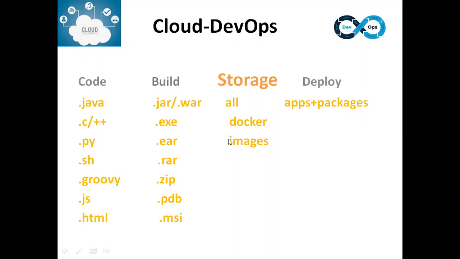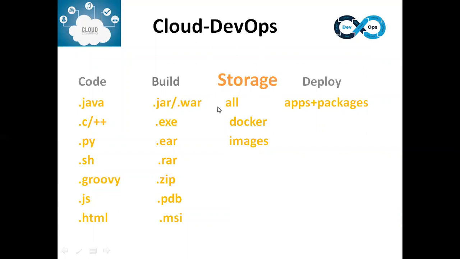What is the additional benefit of the storage? You can build any kind of version, 1.0, 1.1, 1.2, 1.3. Likewise, you can have multiple versions of your software. You can store all the versions in one place, and choose which one to deploy into the respective environment. That is the main advantage this storage service provides.